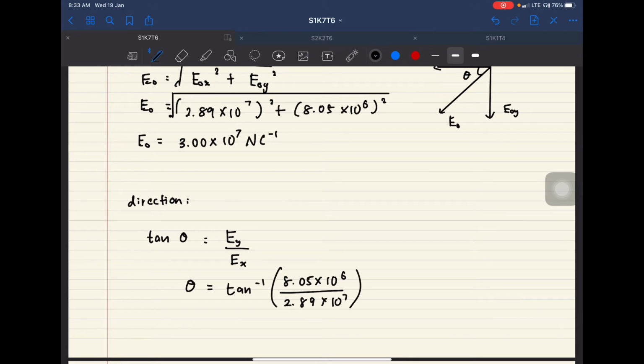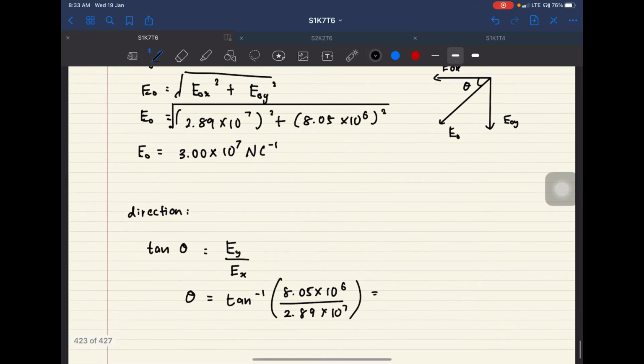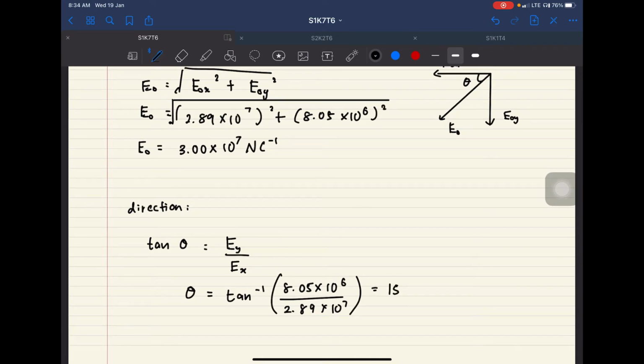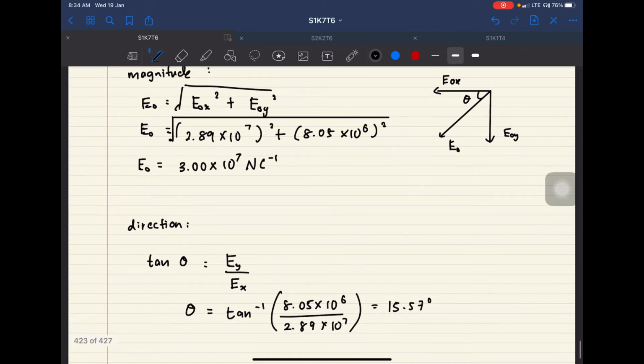Again, ignore the negative sign for this one because you just want to find the magnitude of theta. This one you should get 15.57. Okay, because the location is over here, so it is below the negative x-axis.